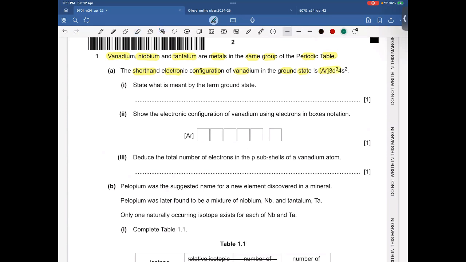By the way, ground state is the lower energy state. Now, state what is meant by the term ground state? The ground state is the lowest energy state.